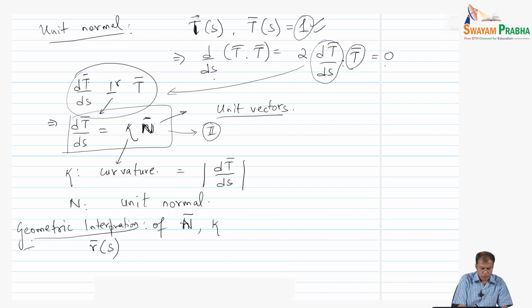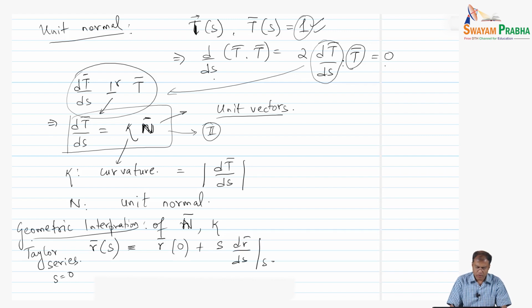If we use our Taylor series at s equal to 0, so if we start expanding our position vector around s equal to 0, we see that this is r of 0 plus s times dr/ds at s equal to 0 plus half s squared d2r/ds2 at s equal to 0 plus order s cubed and so on.